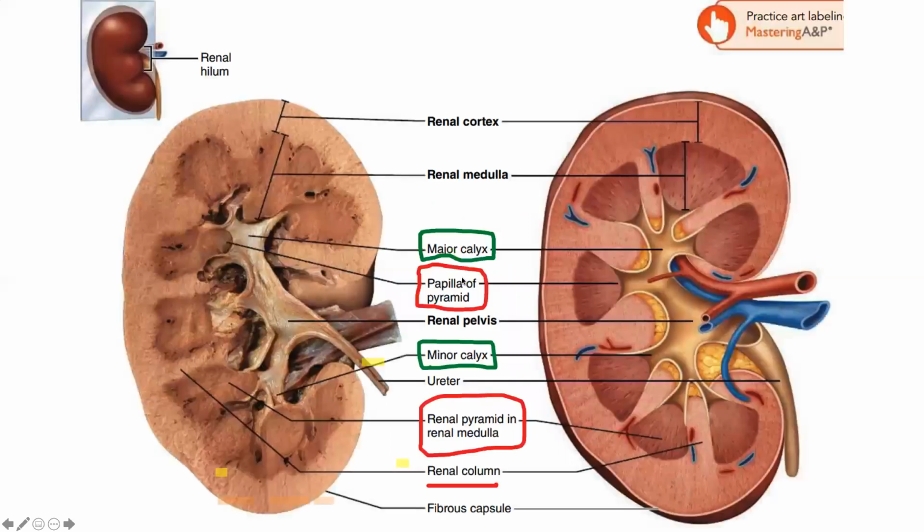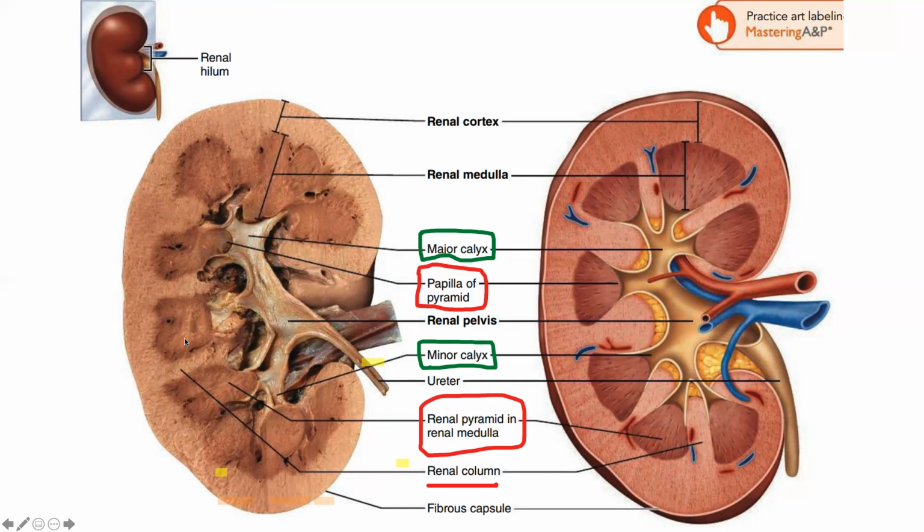So this is the diagram I was talking about. This is the outer cortical portion of the kidney. This is the inner medullary portion of the kidney. And now you can see these triangular shaped structures, which we call renal pyramids, in the medulla.